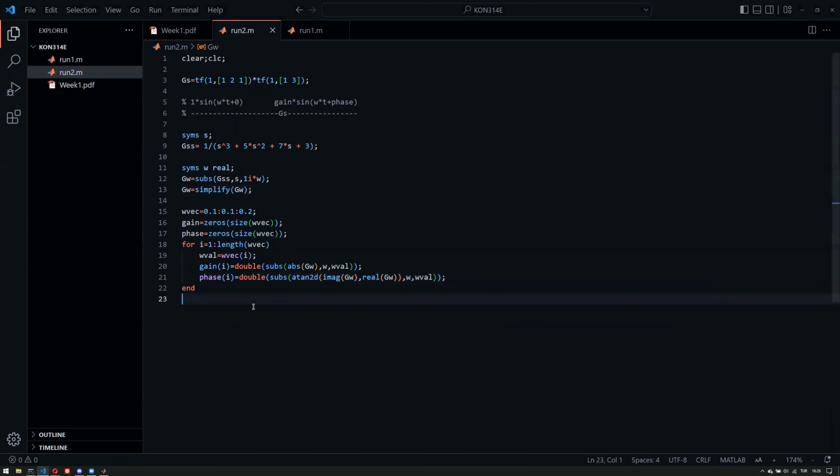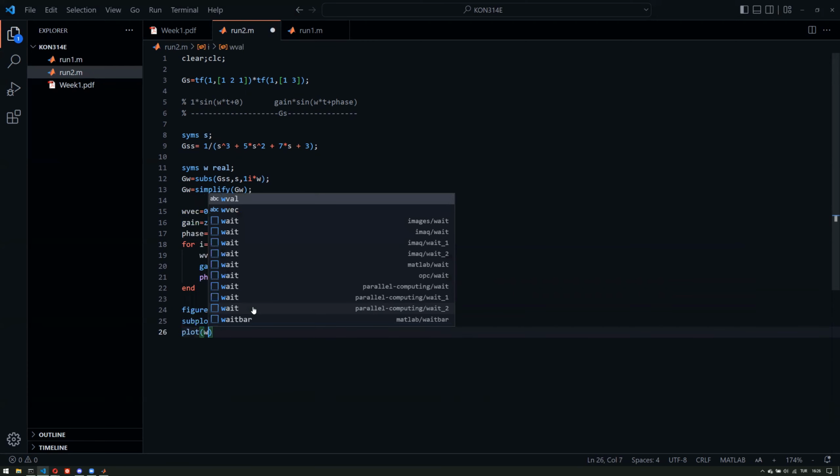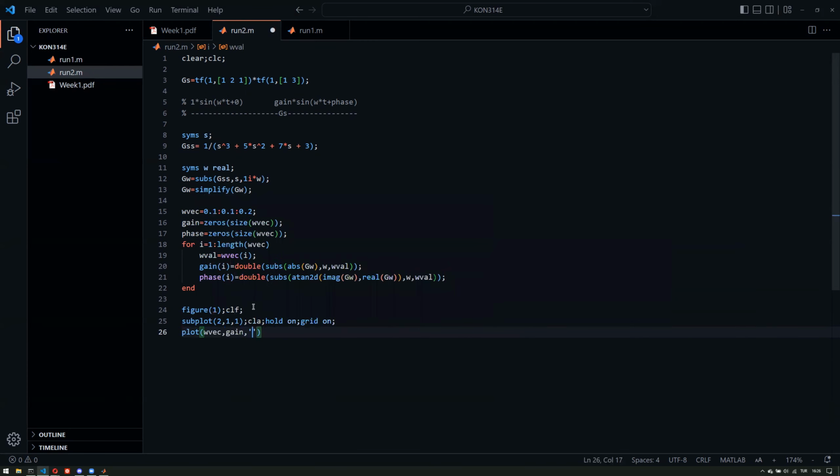Now, if I create a certain plot with subplot in order to stack vertical plots, so 2 rows, 1 column, the first one of that, hold on, grid on, and plot omega vec versus gain. So that's basically it. Let me increase the line width here. And that should be it. Now the second plot of this is versus phase.